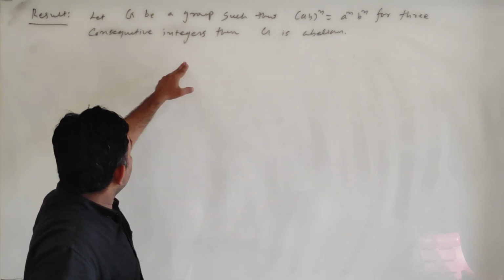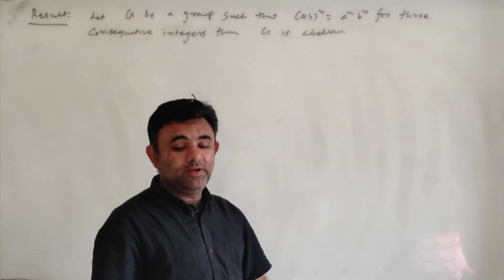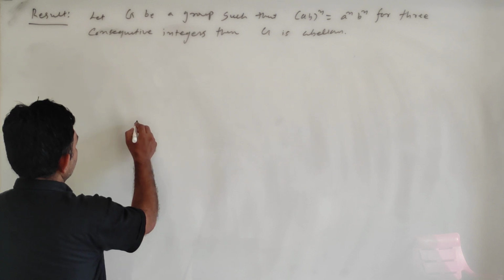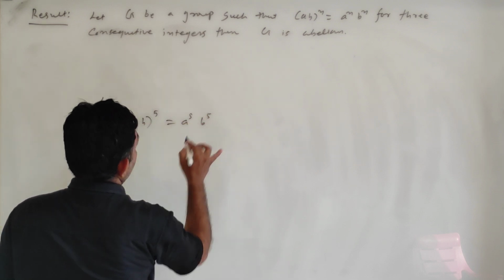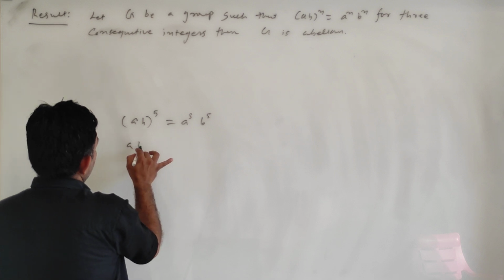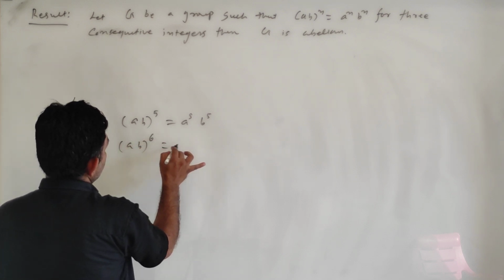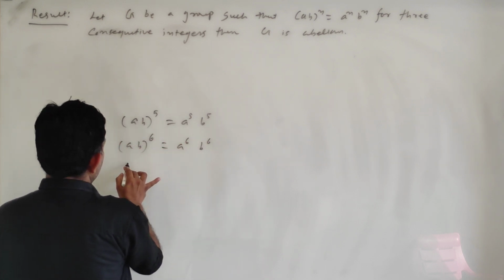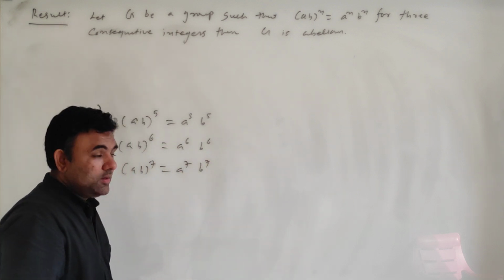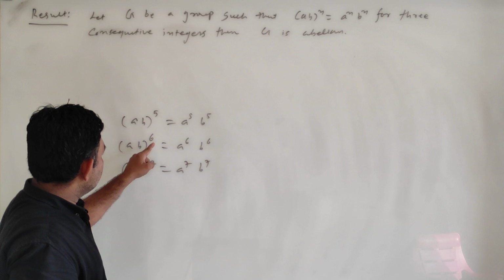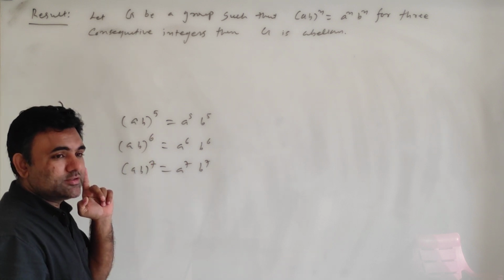For 3 consecutive integers, then G is abelian. For example, suppose I have (ab) raised to 5 is equal to a raised to 5, b raised to 5; (ab) raised to 6 is equal to a raised to 6, b raised to 6; and (ab) raised to 7 is equal to a raised to 7, b raised to 7. Means 5, 6, 7, 3 consecutive integers.